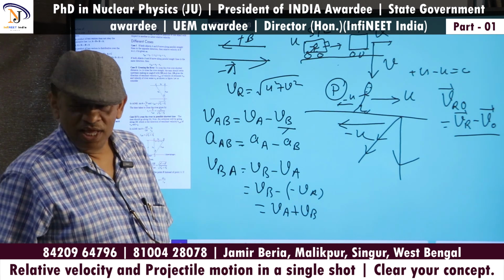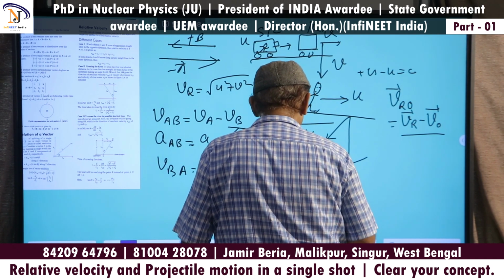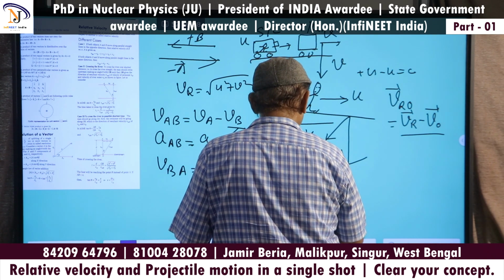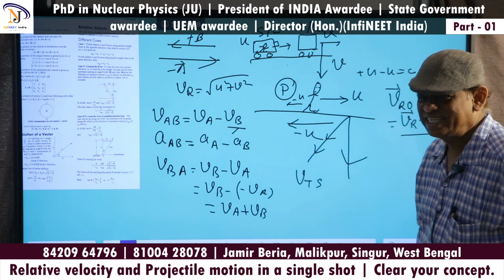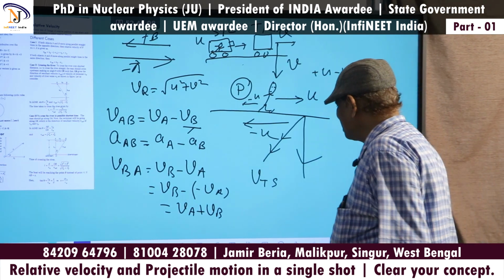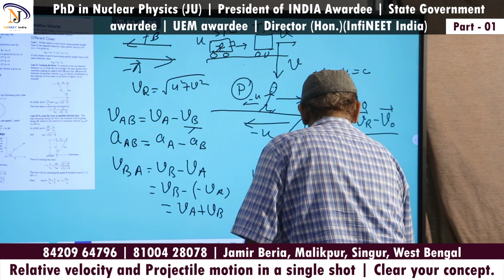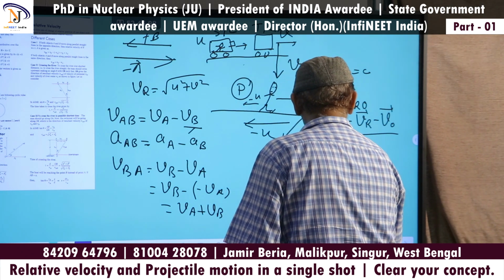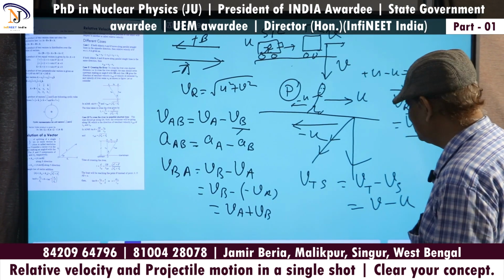You see, velocity of Tarakeshwar local with reference to Singur local. Am I clear? So what you can write: VT minus VS. What is the velocity of Tarakeshwar local? What I have written here, Tarakeshwar local, it is V. Singur local, it is U. Am I clear?